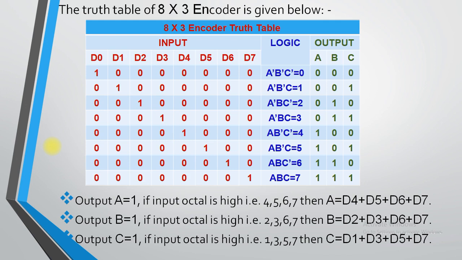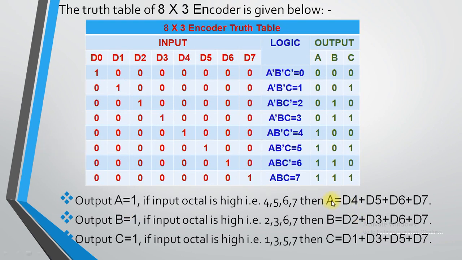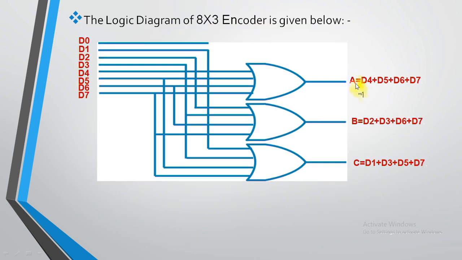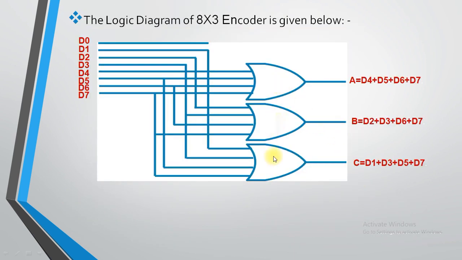So now let us move towards the logical diagram. For this, you need to keep in mind that there are three output variables A, B and C. Which gate do you need to use? Plus means OR gate. So you need to draw 3 OR gates. Why? Because how many outputs are there? 3. In the previous case of the decoder, we had 4 outputs and 8 outputs, so we drew 4 AND gates and 8 AND gates.